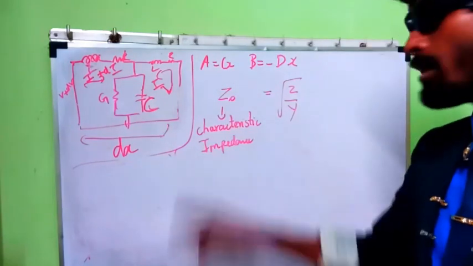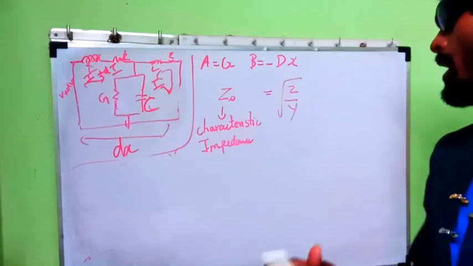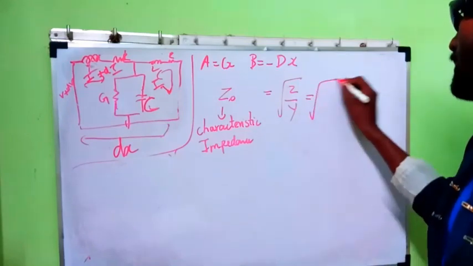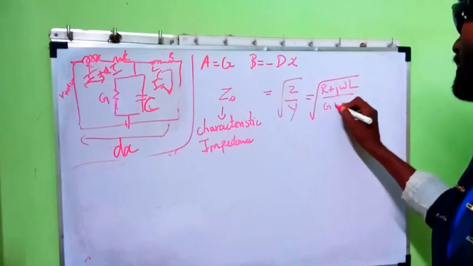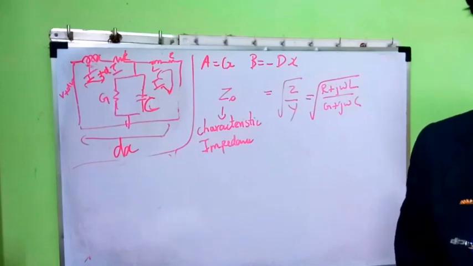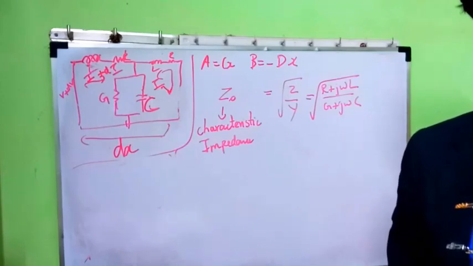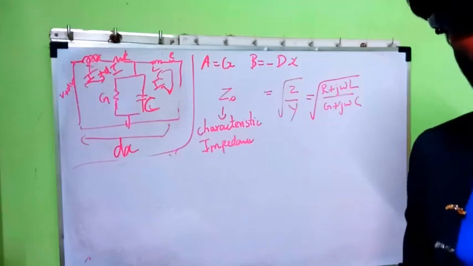That should be Z naught, the initial value. So what is Z? R plus j omega L divided by G plus j omega C. Now we are going to play a game with this one, a very simple game. What the game means? Please wait, let me go for the next video.